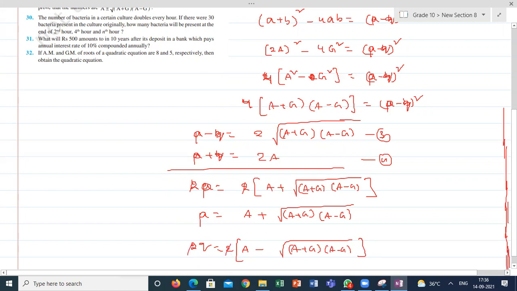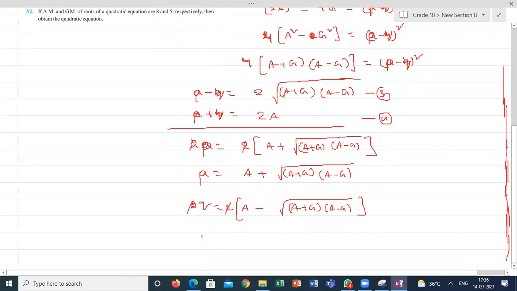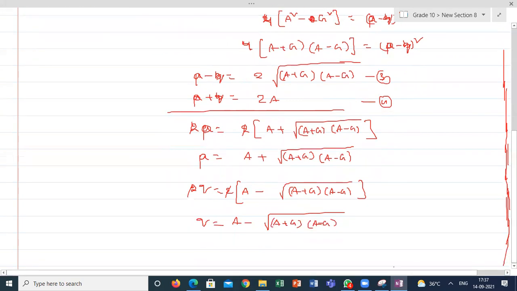My q is coming as A minus root of A plus G into A minus G. So both the numbers can be written in a single format: p comma q are A plus or minus root of A plus G into A minus G. This is how we can go.